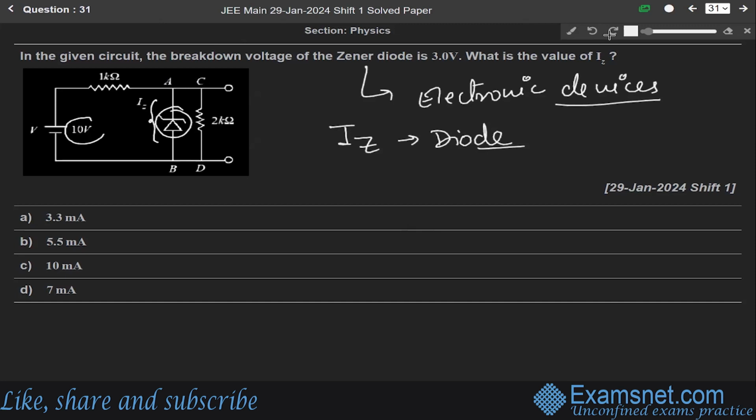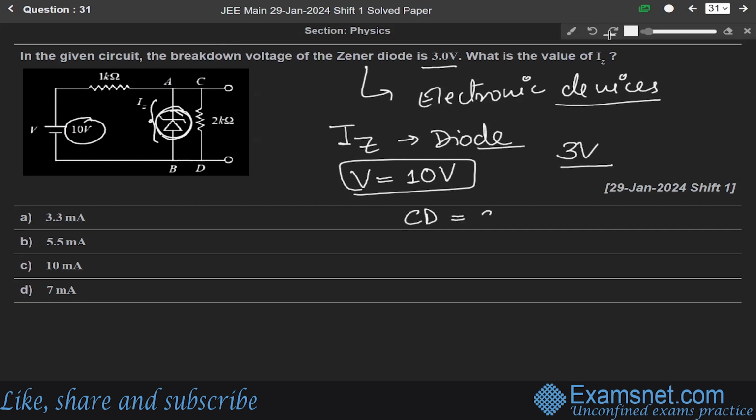The voltage V is given as 10 volt, and the voltage across AB, that is the breakdown voltage, is given as 3 volt. Since it is a breakdown voltage, the voltage across CD must also be 3 volt.